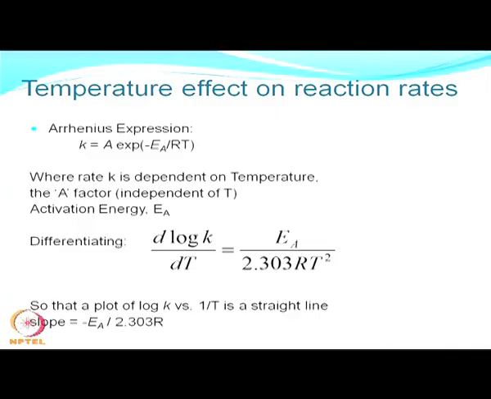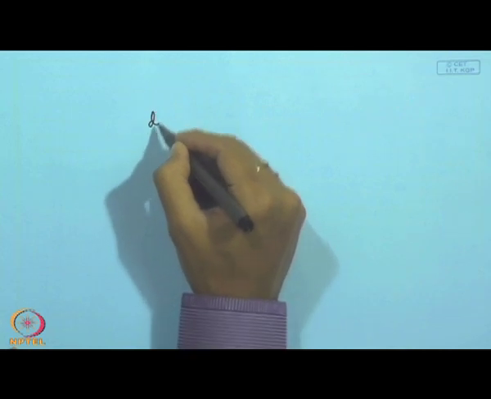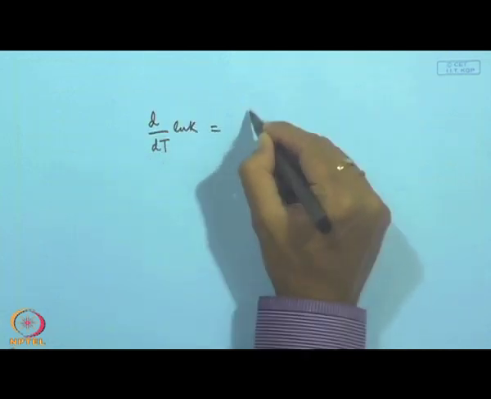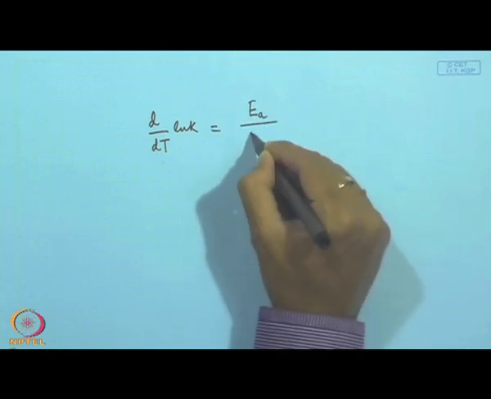Okay. Now, if we differentiate this expression, K is equal to A exponential minus Ea by RT, then it comes out to be d/dT of ln K is equal to Ea by RT square.